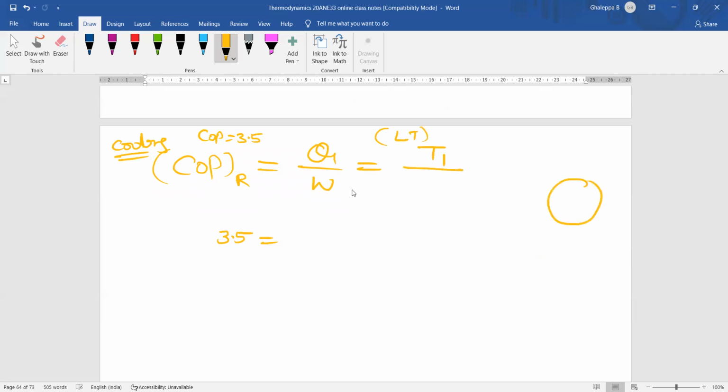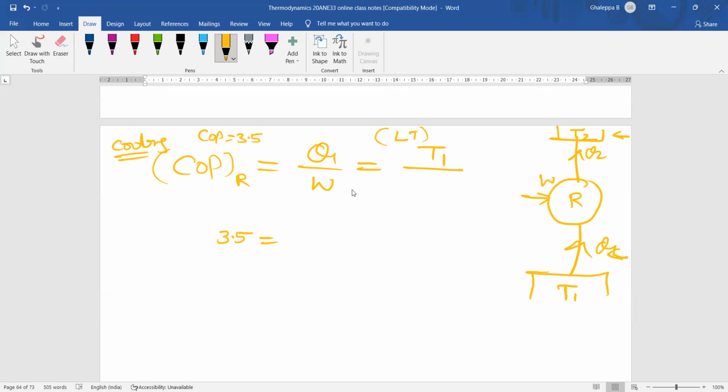For example, I will draw the same diagram you have taken in the previous pages. T1 is related to Q1, Q2 is related to high temperature reservoir T2, and we are supplying some mechanical work W. So what is W? W is not related to temperature sources, but we can convert W in terms of temperature.